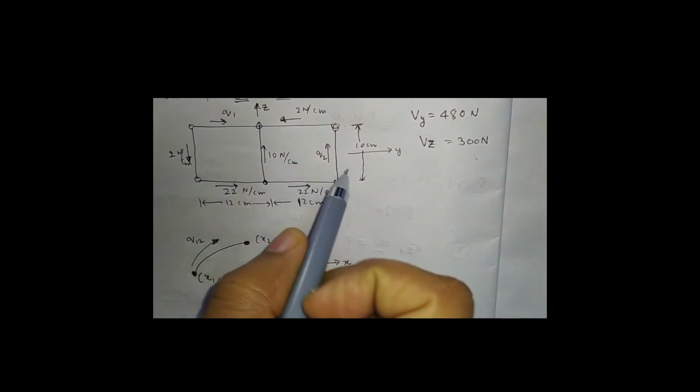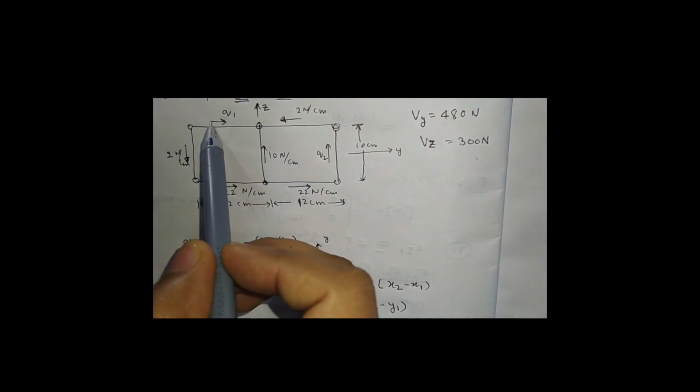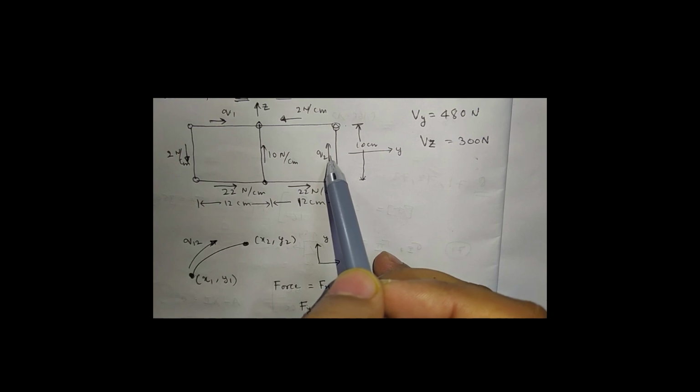Now for calculating the shear flows Q1 and Q2, we have to use this property. Q2 and Q1 are the constant shear flows in this thin wall.